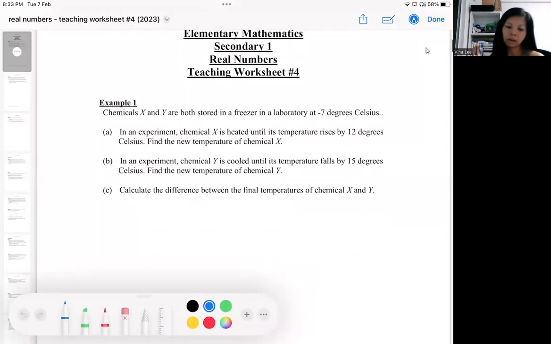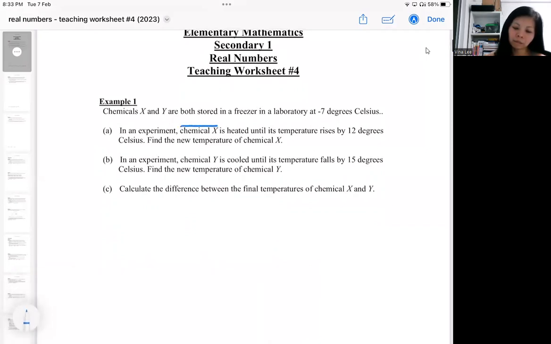So there are two chemicals and they are at -7 degrees. In part A, there is an experiment for chemical X, and they are heating chemical X until the temperature rises by 12 degrees. So please read carefully. Rises by 12 degrees.